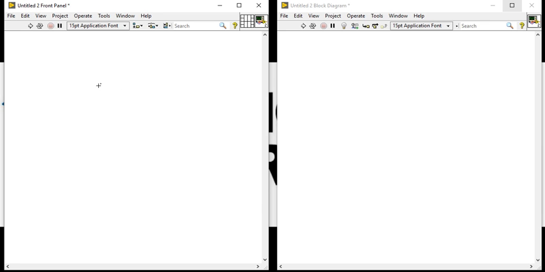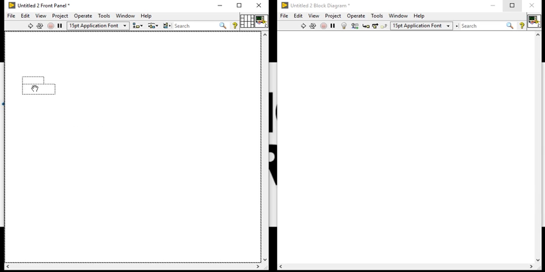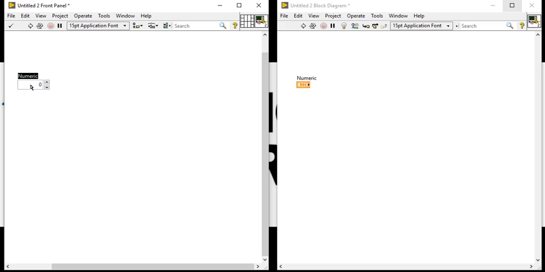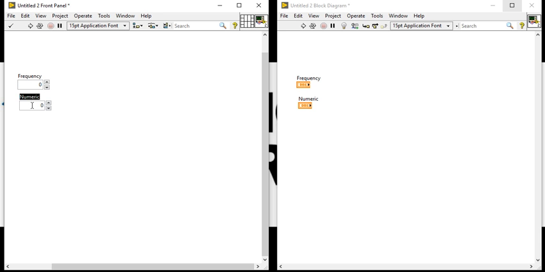First of all, we need a control for frequency. After that, take one more control, sampling rate.